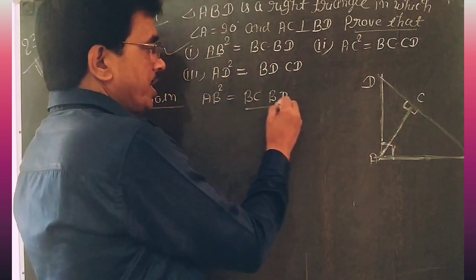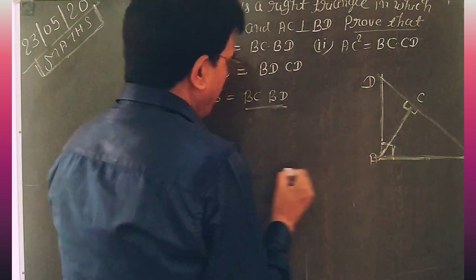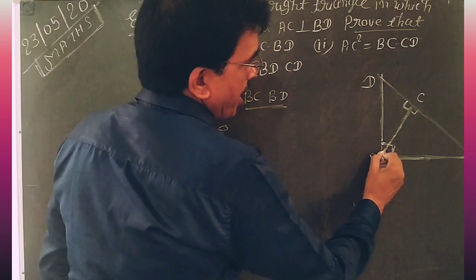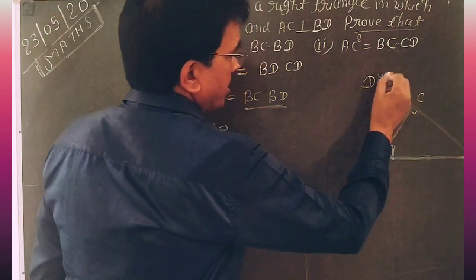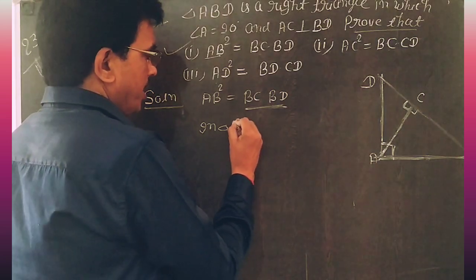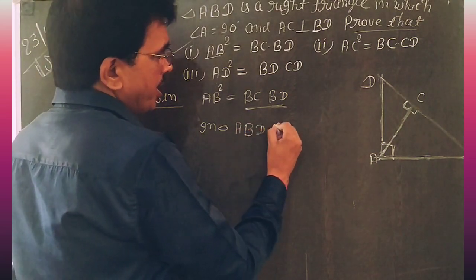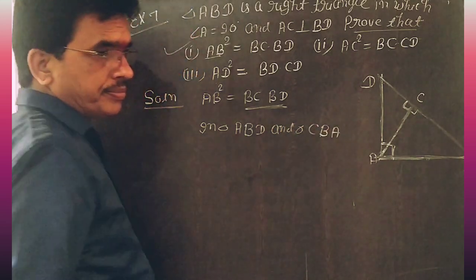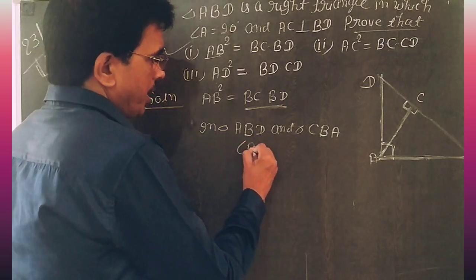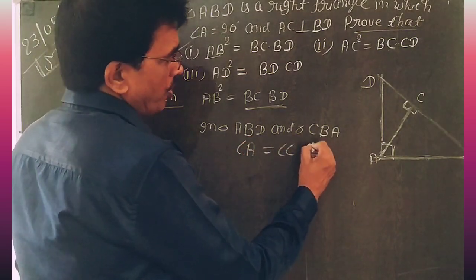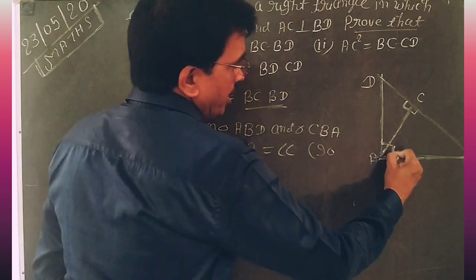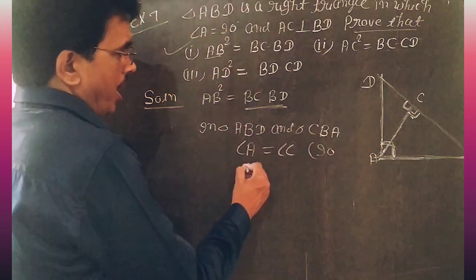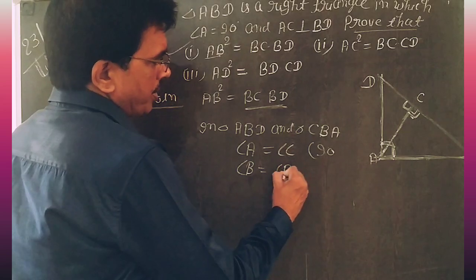So for the first question, it is clear that in triangle ABD and triangle CBA, angle A in the large triangle is equal to angle C in the small triangle, which is 90. This angle A is 90 in the big triangle and this angle C is 90 in the small triangle. And angle B is equal to angle B. Both are common.